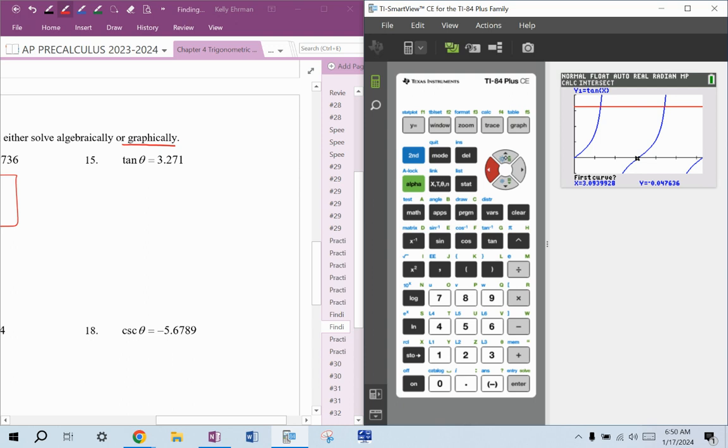Okay, so first curve, second curve, it's going to find this one, 4.416 radians. And for the other one, I'm going to press down to hop to the red line, just so I can get faster, closer to this side. So enter, enter, enter. Oop.